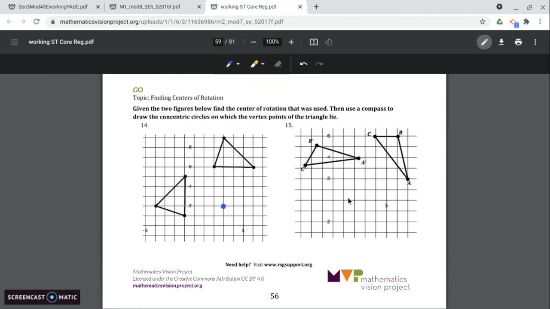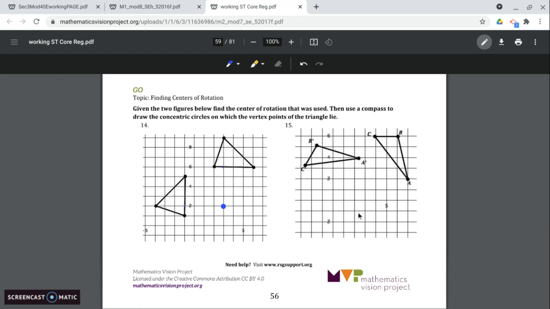Now for 15, looking at this one, we are going to use C to help us. C is a little tricky to use, but if we go down 1, 2, 3, and over 1, 2, 3, 4, 5, 6 and a half, the rotation isn't going to be up here.